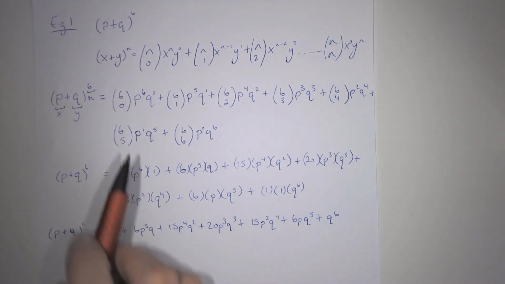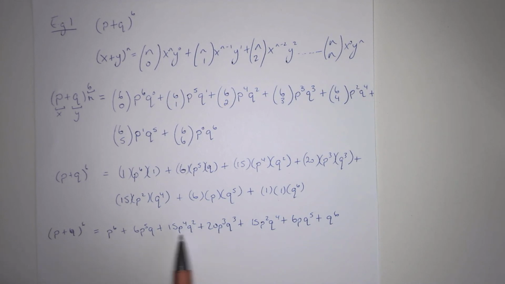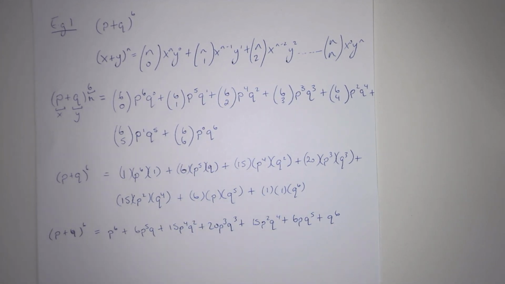Notice that if our n is 6, we will have 7 terms in our expansion.